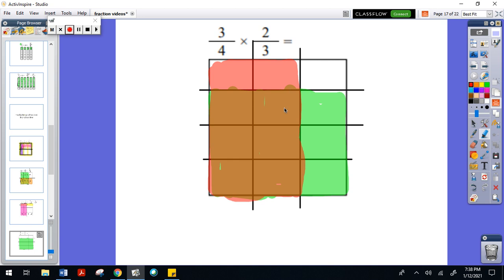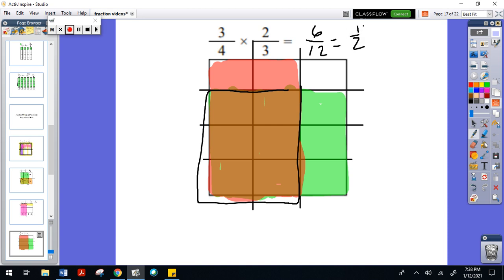Perfect. Now, if we look, we are focusing on this odd color right here, the overlap, and we see that there are 6 pieces. That's our numerator. Out of, there are 12 pieces total. So 3/4 times 2/3 is equivalent to 6/12, or 1/2 of the shape.